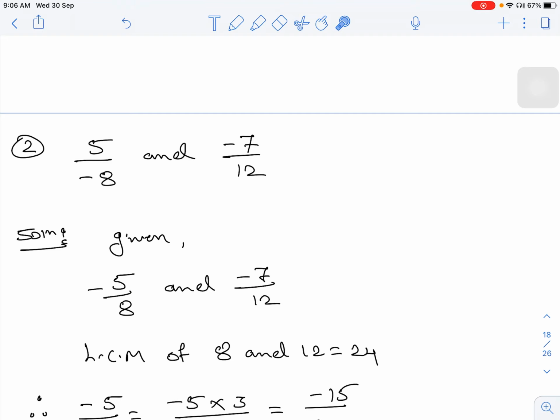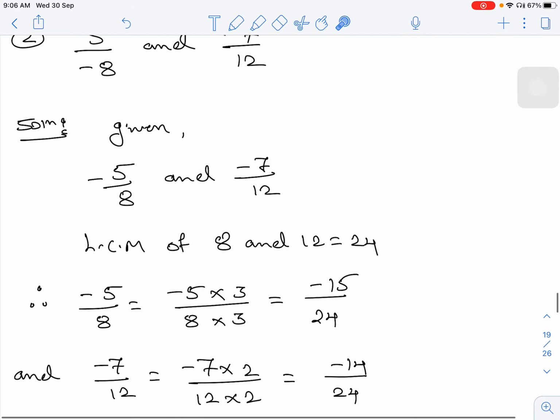For making this 8 as a 24, by what number you will multiply? By 3. And the same number will be multiplied to the numerator. So what we get? Minus into plus, minus 5 threes are 15. Then 8 threes are 24. Remember, we want to make our denominator 24.